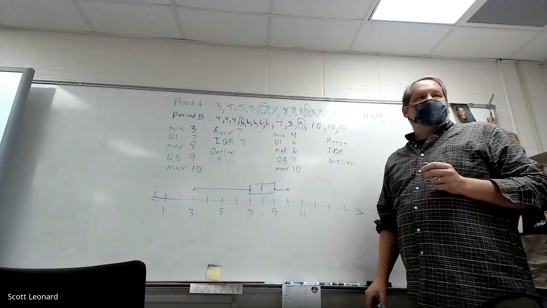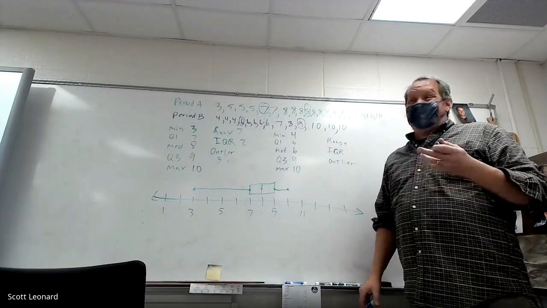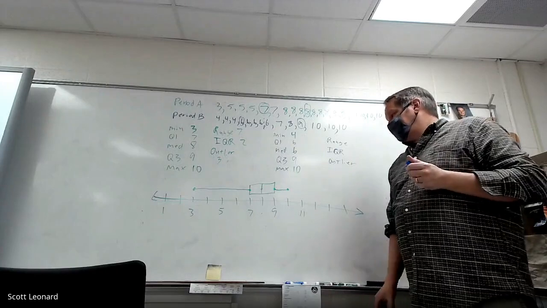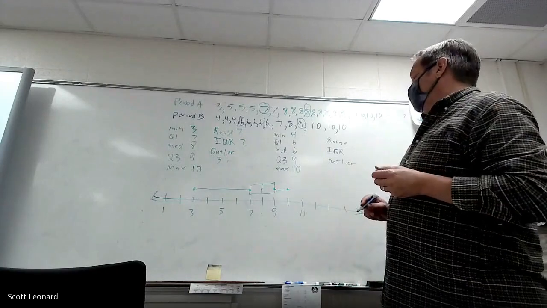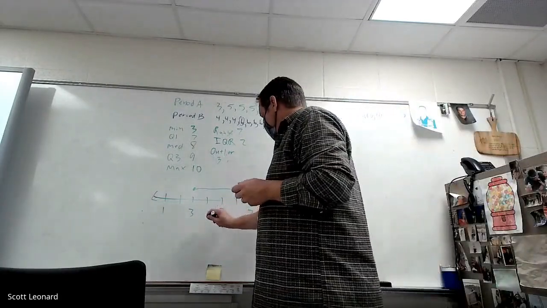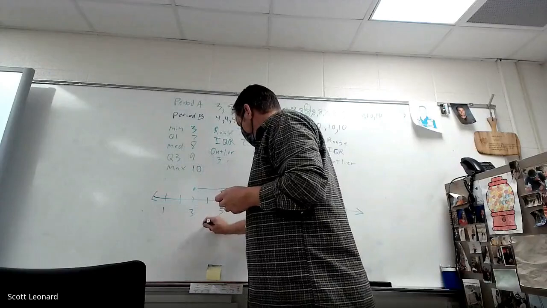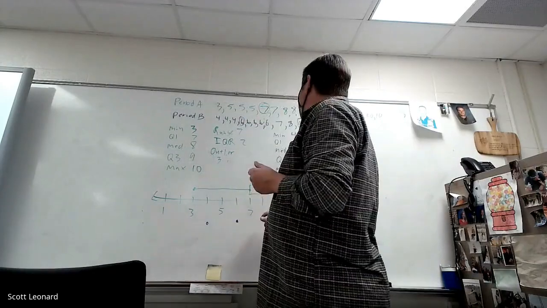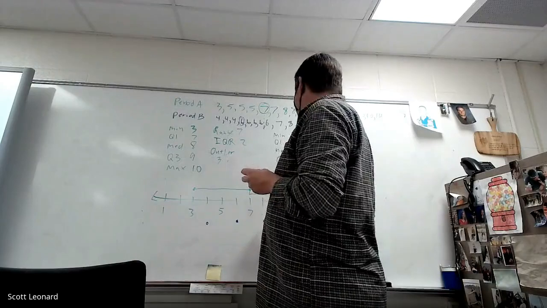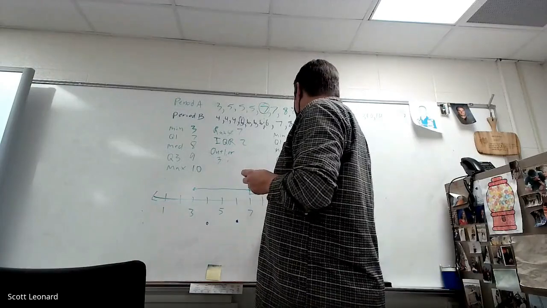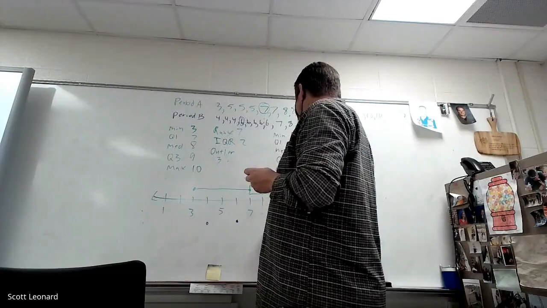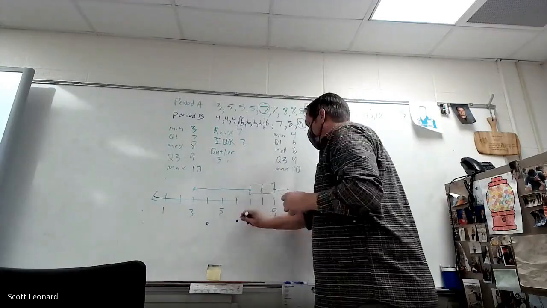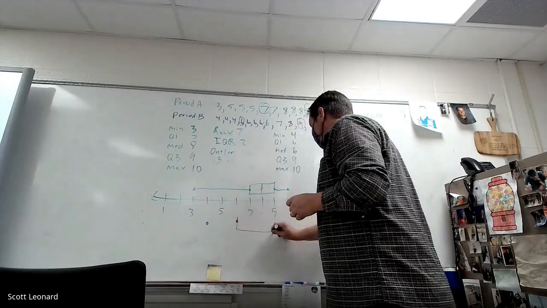Is that okay? Yeah, it's all right. I'm going to graph this one. I got 4, 6, 6, 9, and 10. So instead of having a double box, I'm going to have a single box.